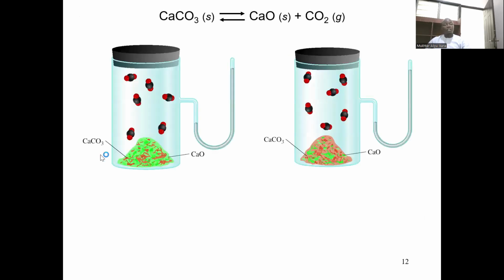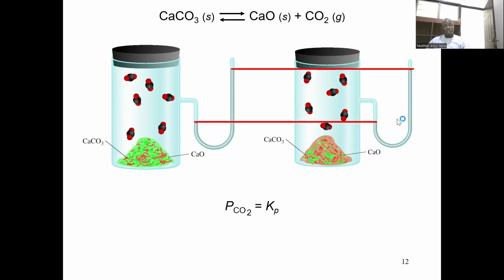So now we have this, of course, a reversible reaction. You see, we have calcium oxide, we have calcium carbonate, and we have carbon dioxide. So the partial pressure of carbon dioxide is the Kp.